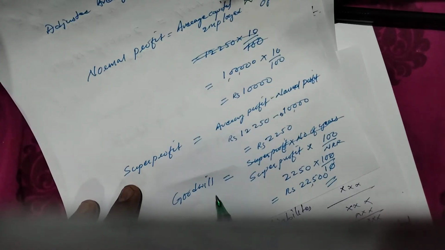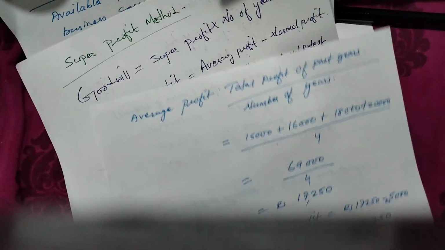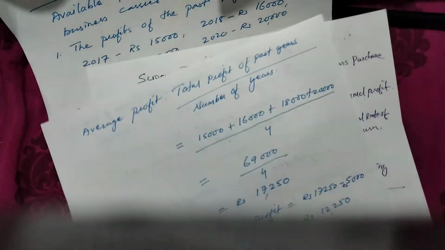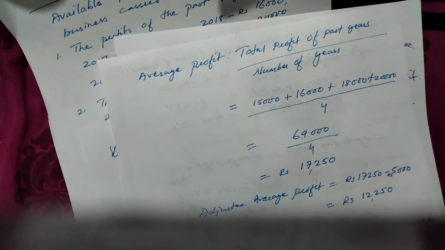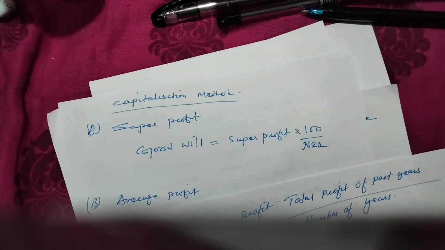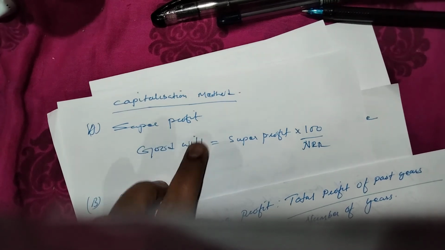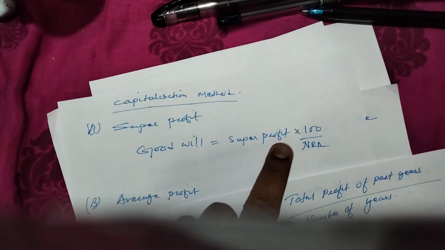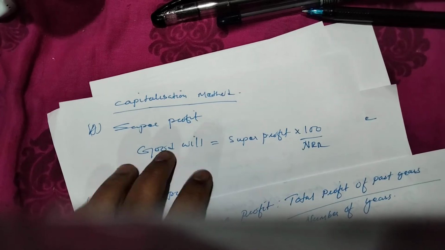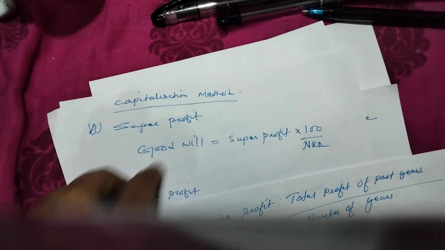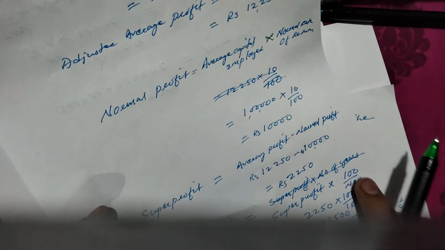Now easily you can calculate the goodwill. Goodwill is equal to what? Under the capitalized method of super profit, goodwill is equal to super profit into 100 by NRR.